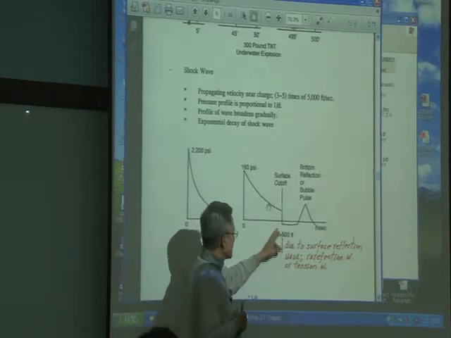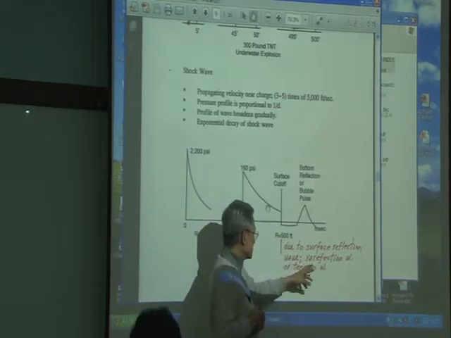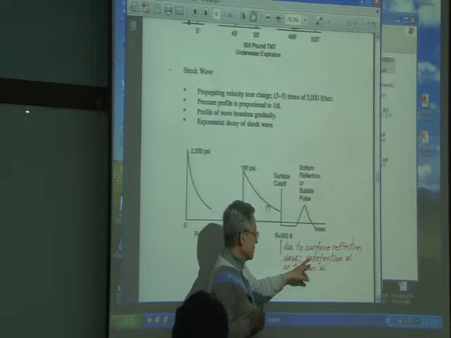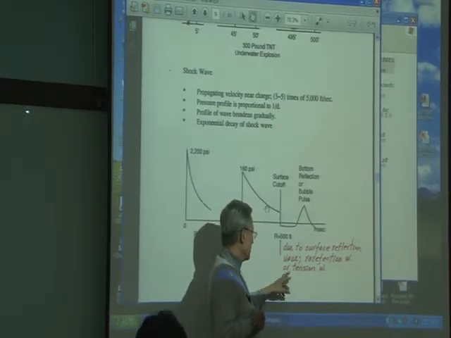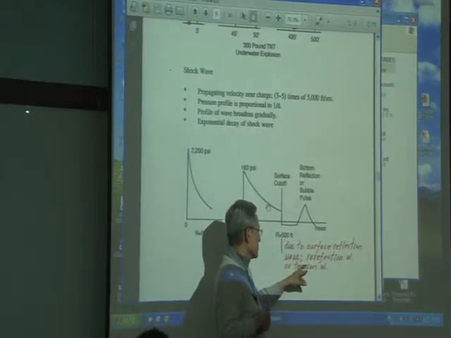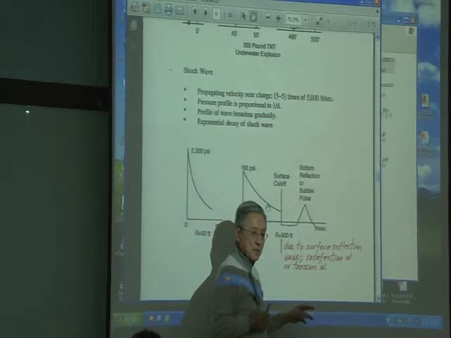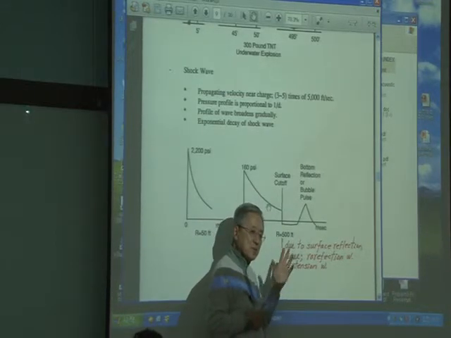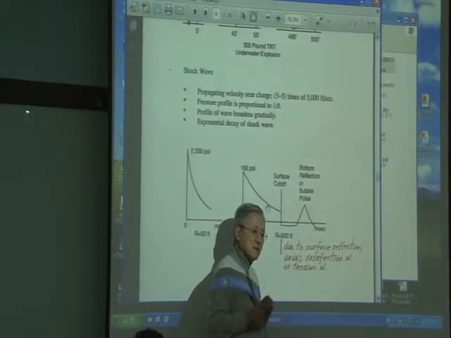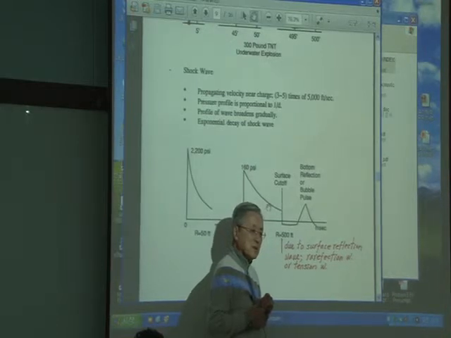I said here, due to the surface reflection wave, or called the rarefaction wave, or tension wave, it's all the same. So think about it ahead of time, where I'm going to explain in detail.